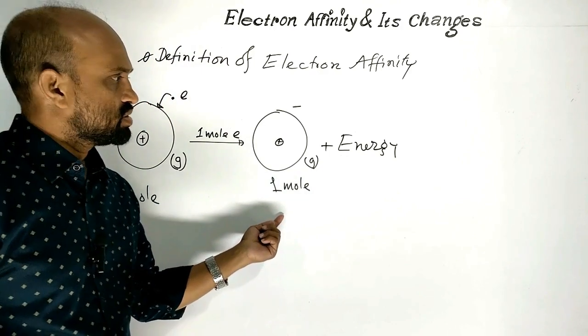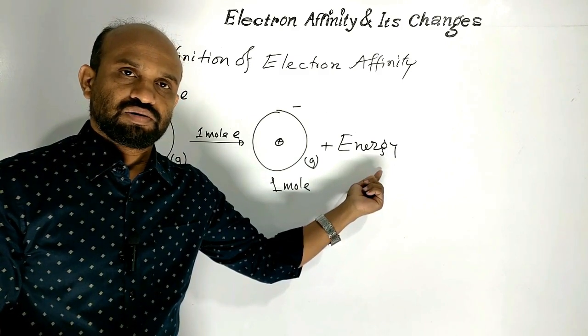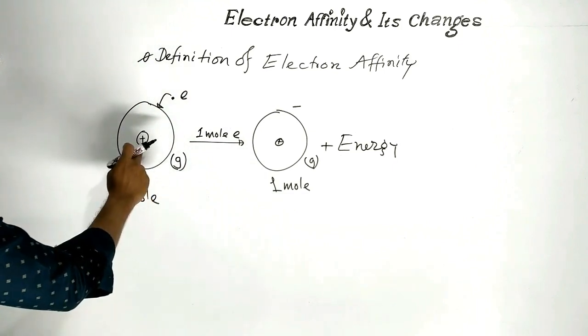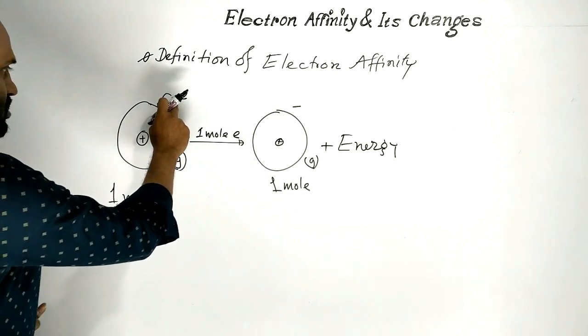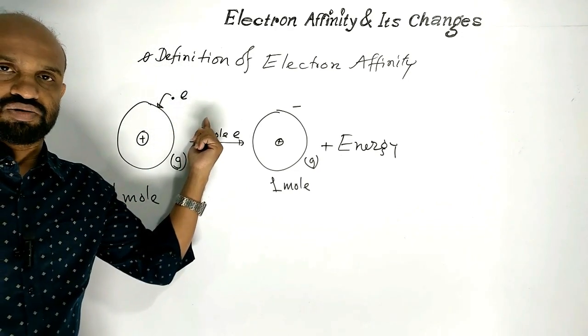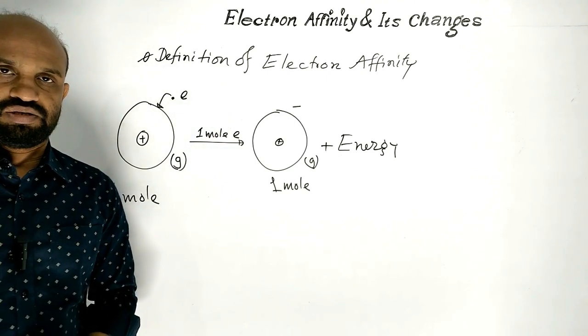At that time, the energy produced is called electron affinity. Here, the affinity of the nucleus to this electron, the attraction of the nucleus to this electron, is termed electron affinity.